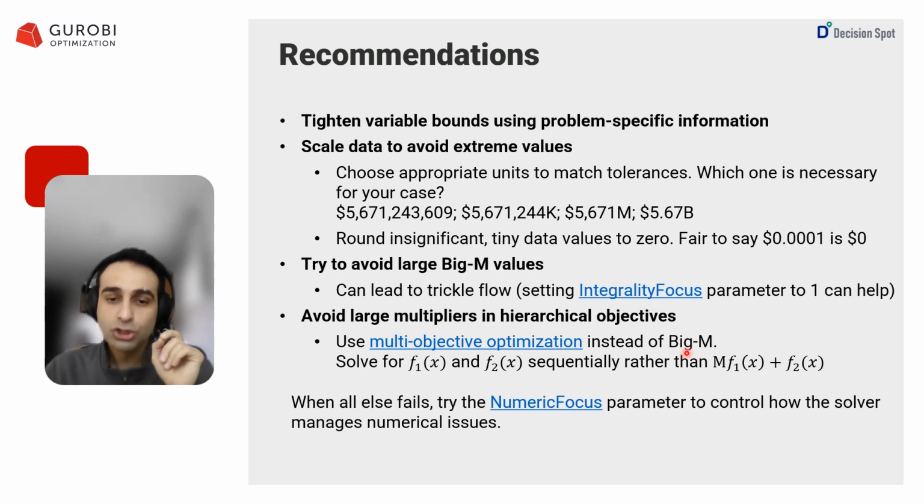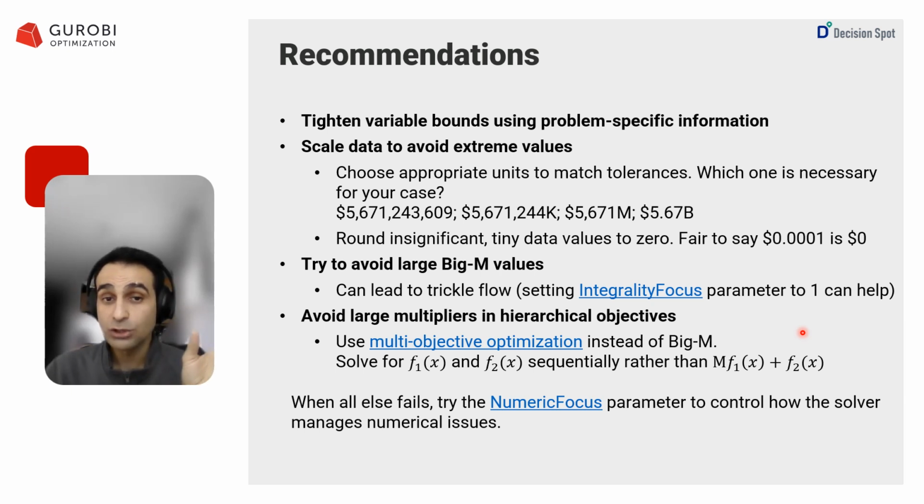Next, try to avoid large multipliers in hierarchical objectives. Well, what does this mean? Let's say you're trying to optimize for several objectives and there is an inherent hierarchy between them. For example, you're optimizing for profit and then customer satisfaction. Now, sometimes the trick people use to model them is to aggregate these two objectives into one objective function, but with some large coefficients.